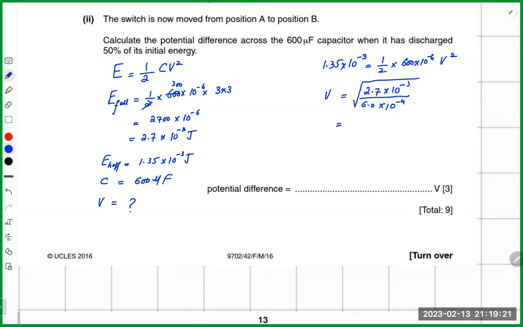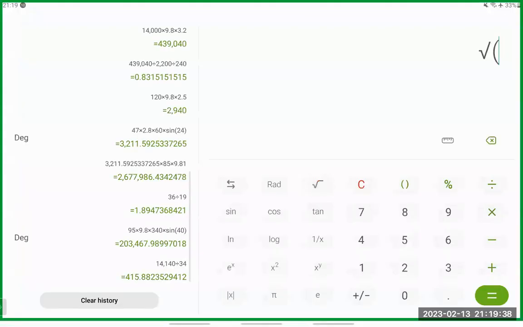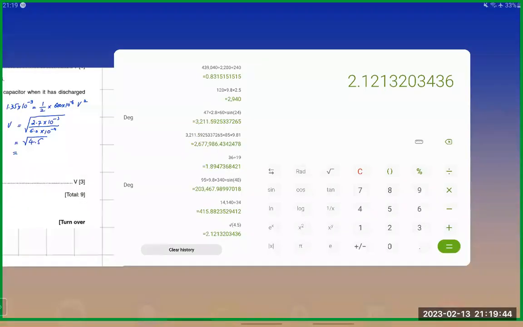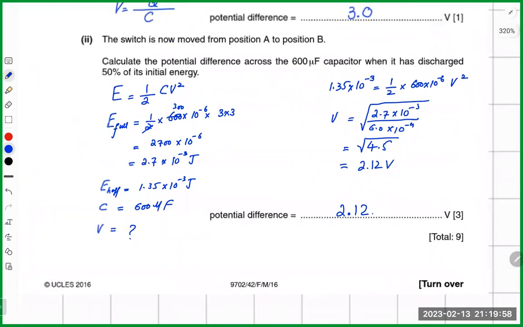So it is 4.5 square root. What will be the square root of 4.5? It will be 2.12 volts. Side by side, you should all be holding a calculator and check the calculation. Yes, sir. The same.